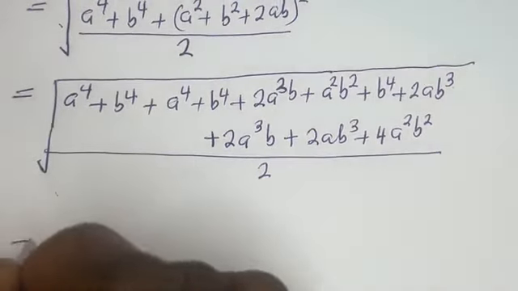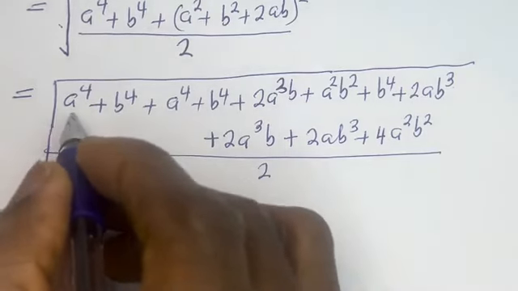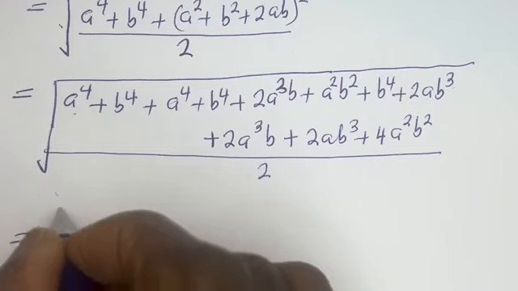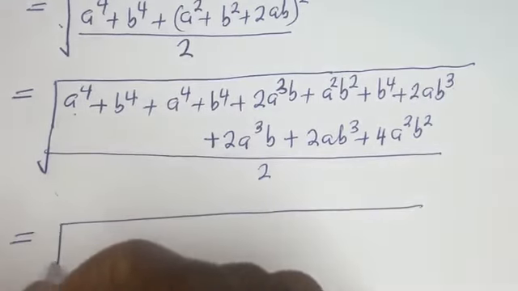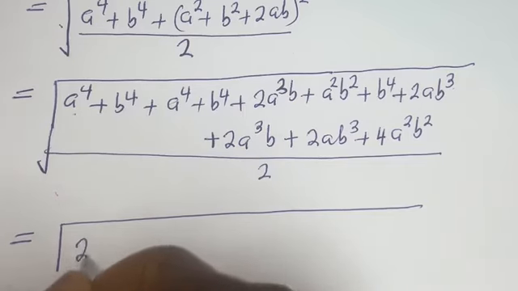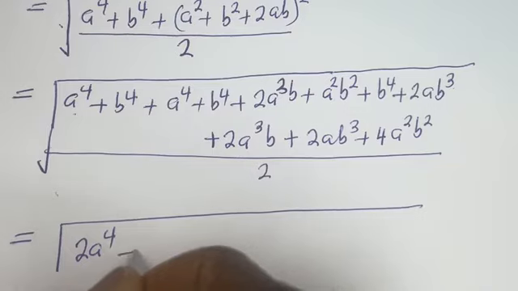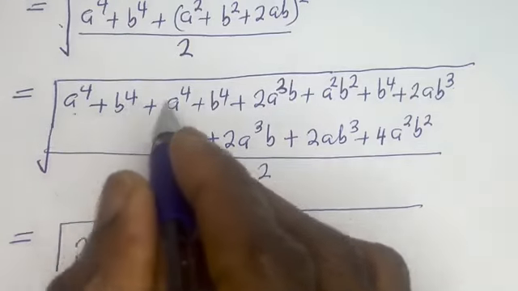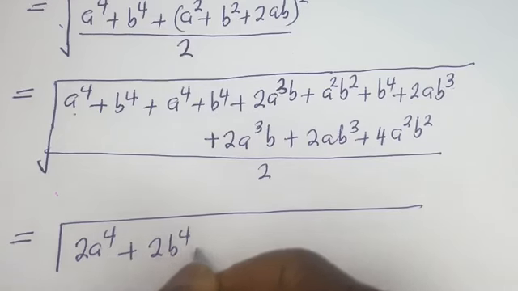Then this is equal to, from here we have A to the power of 4 here and A to the power of 4 here. This is square root of 2A to the power of 4. Then we have plus, we also have B to the power of 4, B to the power of 4. We have 2B to the power of 4.